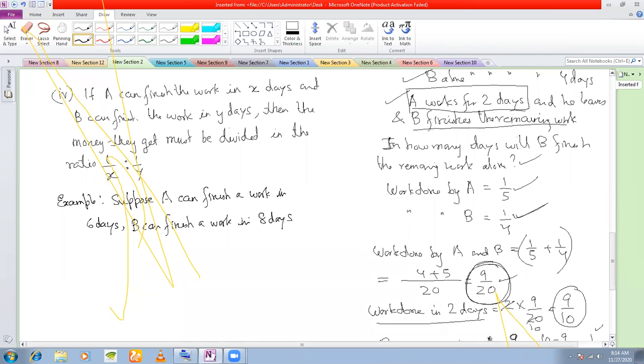And what happens is the employer who makes them work pays them rupees 1610 for the entire work.